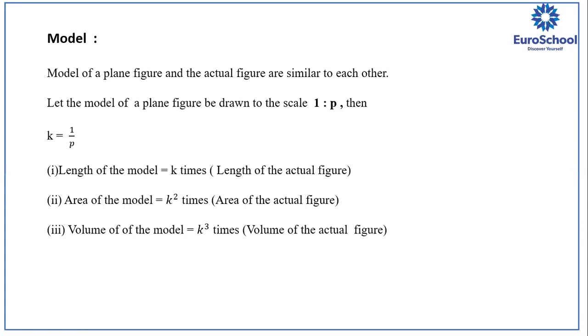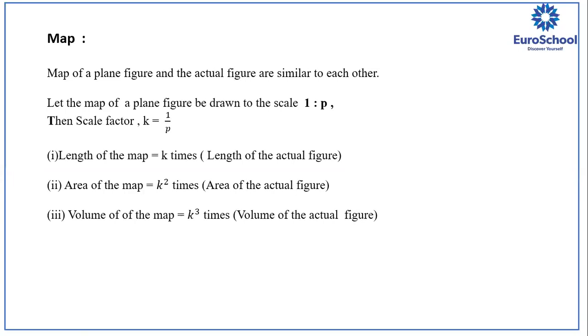Yes, ma'am. Now, similarly, we do the same thing with maps. You all have geography map books, right? Now, are the maps that you are using less than the actual map of India or greater than the actual map of India? Lesser than. Obviously it's less than, right?